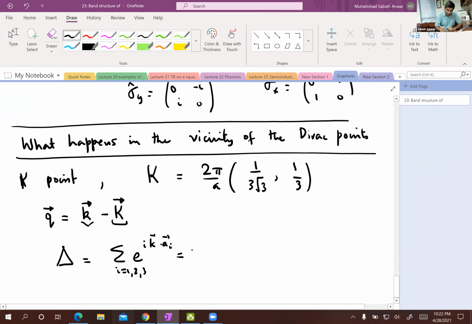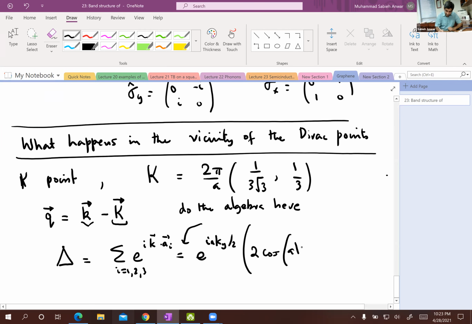I can convert it from polar into the trigonometric form, and after you do the algebra, this turns out to be e to the i ky a over 2 cosine of a kx root 3 over 2 plus e to the minus i 3a over 2 ky.